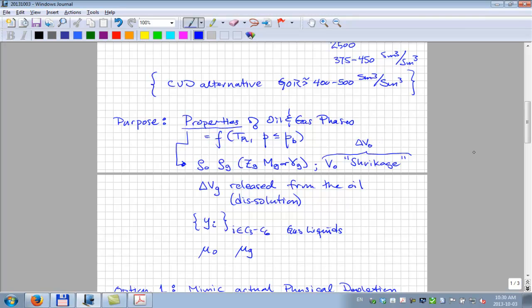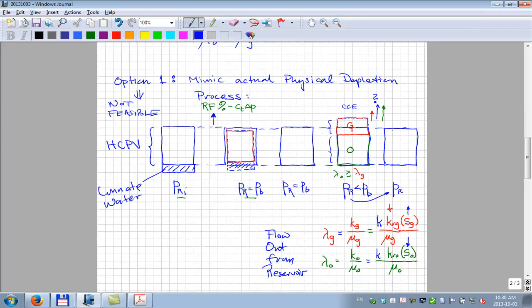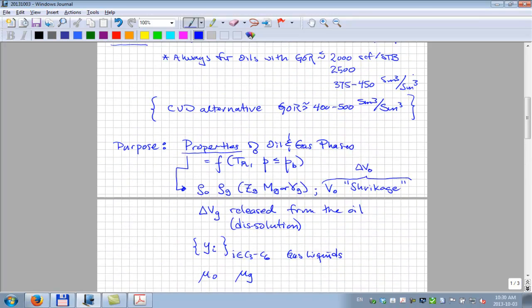I didn't mean the oil volume, because if you take out from the bottom some of the oil volume, that doesn't count. If you take out from the bottom, you're left with less oil, you go to a new pressure, that oil will shrink. Okay? So it's the shrinkage of an existing oil. That's basically the change in oil volume over what you started with when you change the pressure.